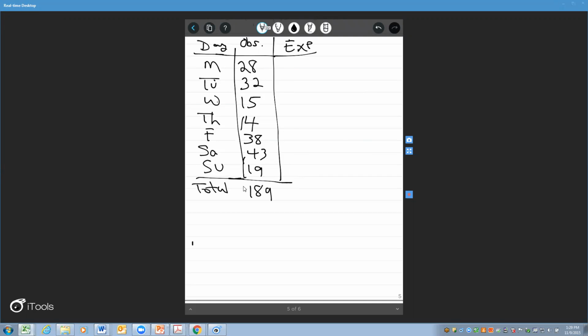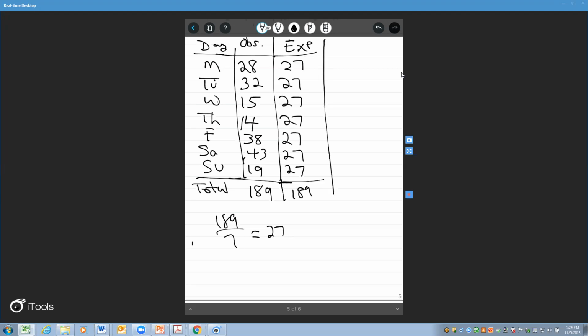So that means 1/7 of the total should occur on each day. And 189 over 7 is equal to 27. So that gives me an expected count of 27 on each day. It should still add up to be 189. The only difference is for our expected, we assumed that they were the same number on every day.